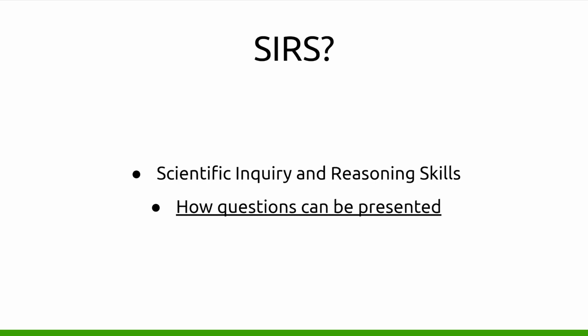The SIRS help you understand how this question was presented, but the foundational concepts are the things that it was testing. So for example, if it was testing your understanding of the integration of the respiratory and circulatory system, and it was testing that through a chart or a data analysis, it could give you data that shows you different oxygen levels and how much the heart is beating with those different oxygen levels.